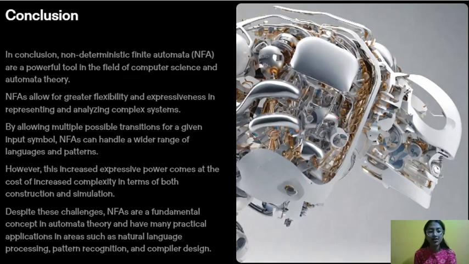However, this increased expressive power comes at the cost of increased complexity in both construction and simulation. Despite these challenges, NFAs are a fundamental concept in automata theory and have many practical applications in areas such as natural language processing, pattern recognition, and compiler design.